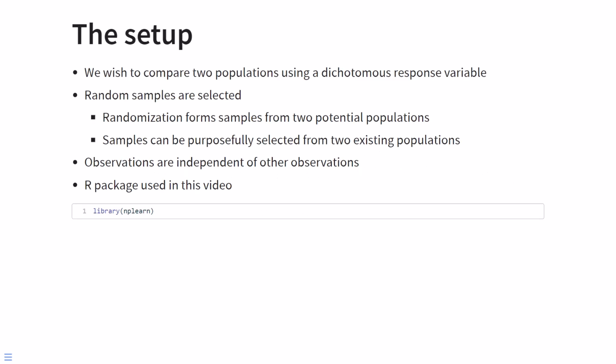So here's the setup. We wish to compare 2 populations using a dichotomous response variable. We select random samples. Now, the typical way to do this, especially if you're conducting a true experiment, is to draw one sample, but have these samples represent 2 potential populations by randomizing.